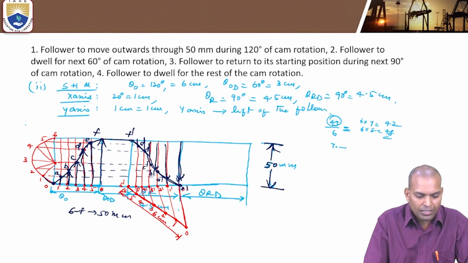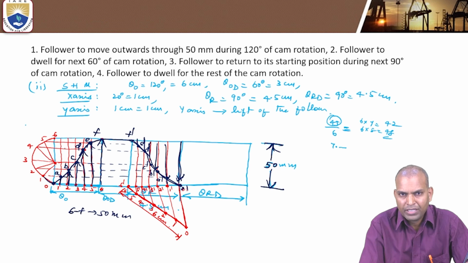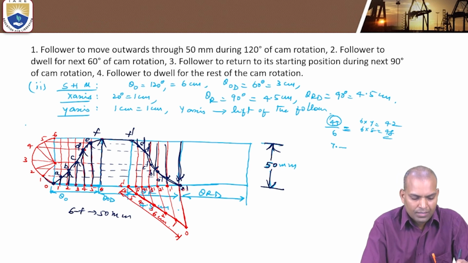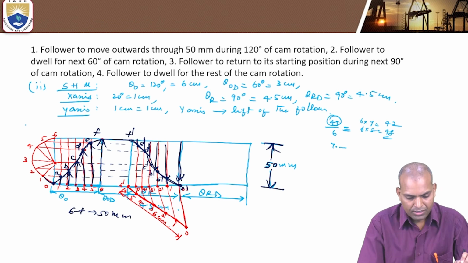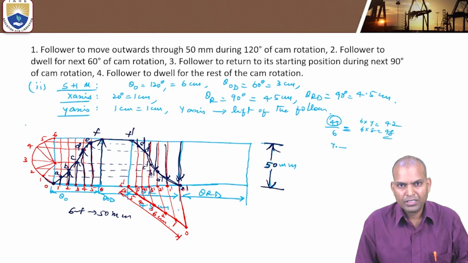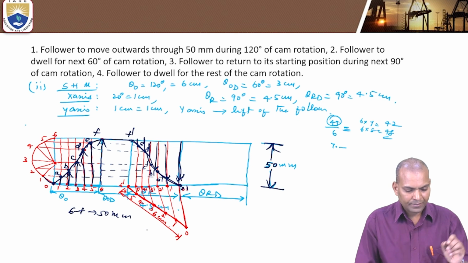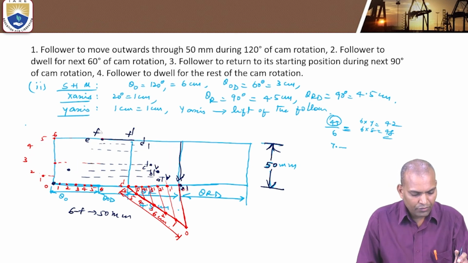Alright. So this is the displacement diagram when the follower is having a simple harmonic motion. Next, the third case is when the follower is having uniform velocity, uniform acceleration and retardation.